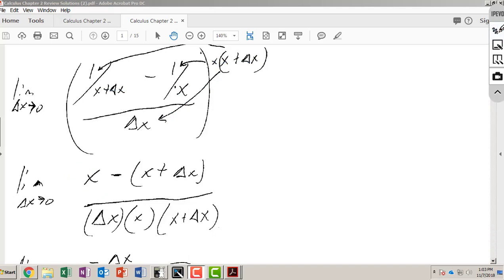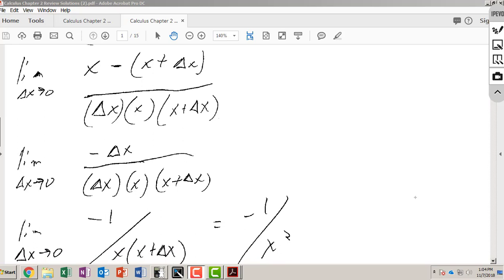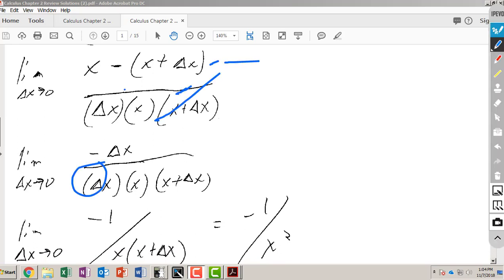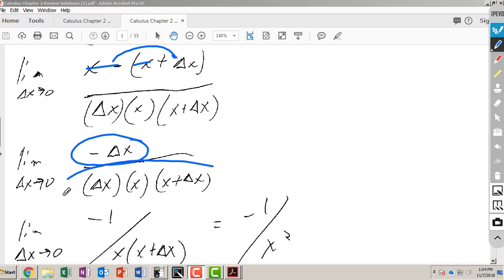Now that I've done that, I'm going to go and distribute my negative and simplify my equation. So when I multiply by my negative and distribute it on through, you're going to notice that x minus x, those are going to cross out, and then I'm going to be left with that negative delta x. And this is still all over delta x times x plus delta x.